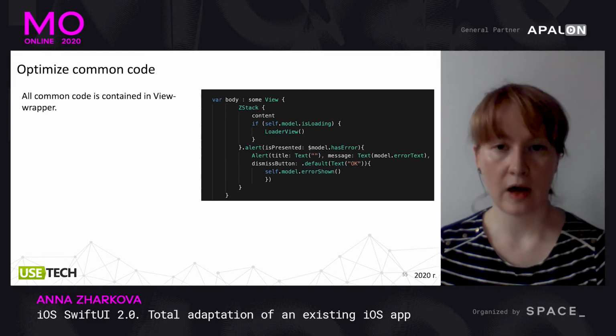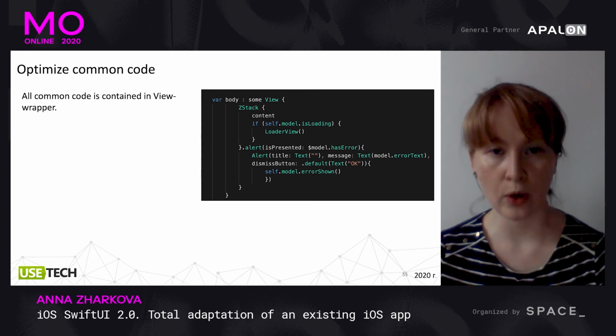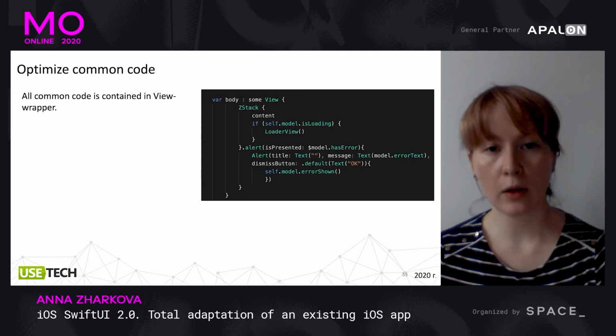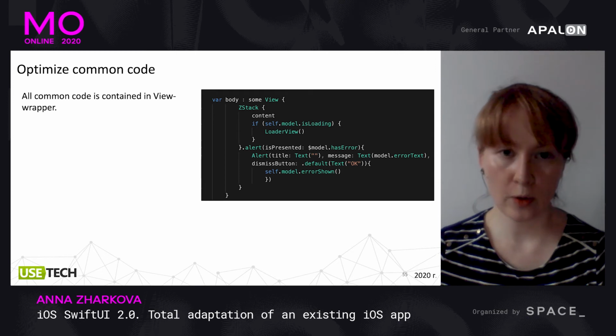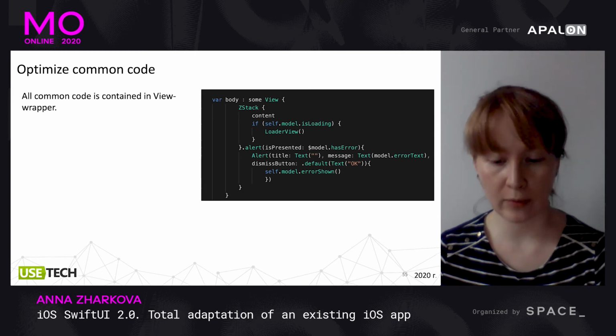We will put our child view as content in the body of our container view. Here we will also place all common logic, and all these common elements will depend on properties of our container model.